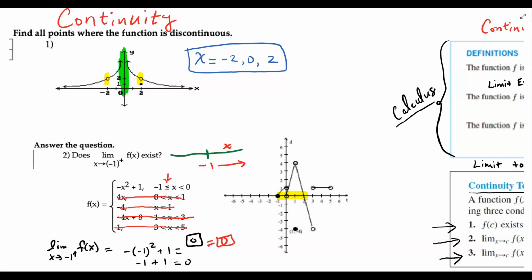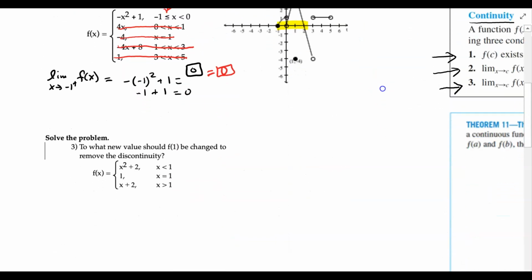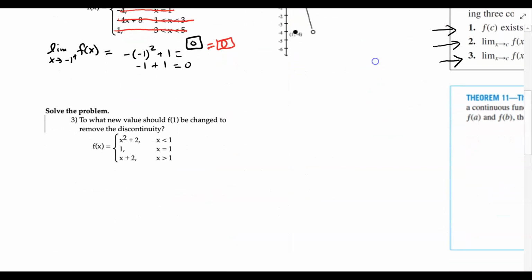Let me pull it up here. It's this one right here, number 3. So what are we asking? It says, to what new value should f of 1 be changed to remove the discontinuity? So what do they mean?